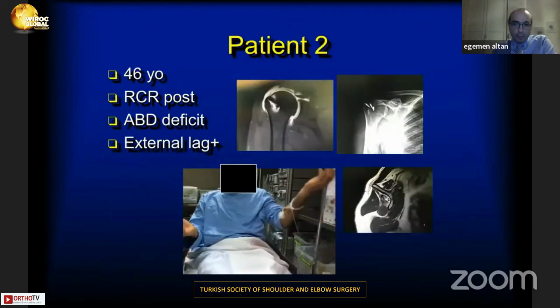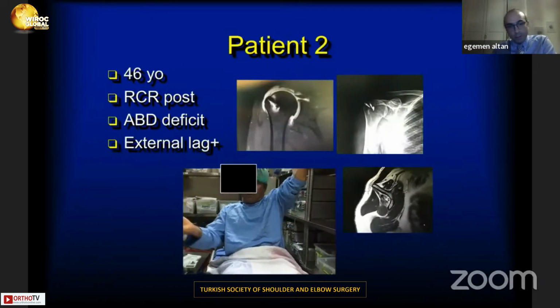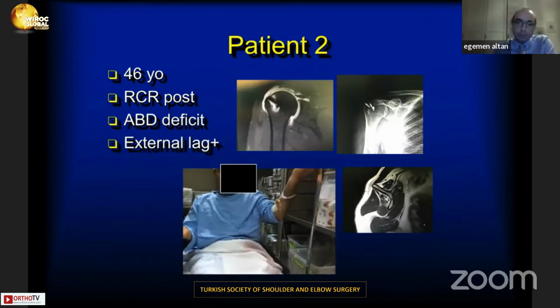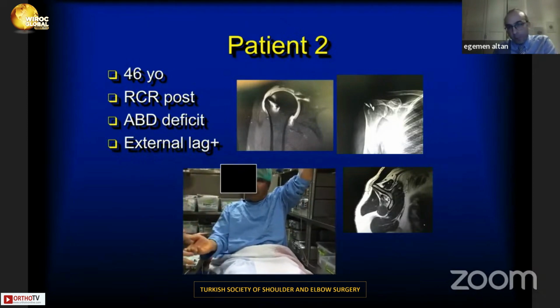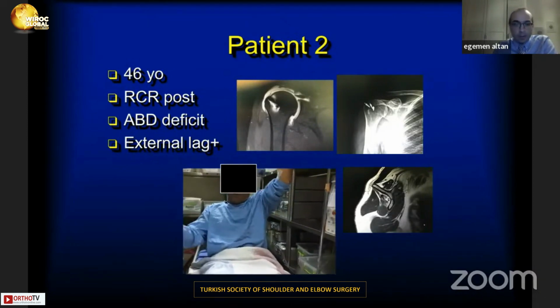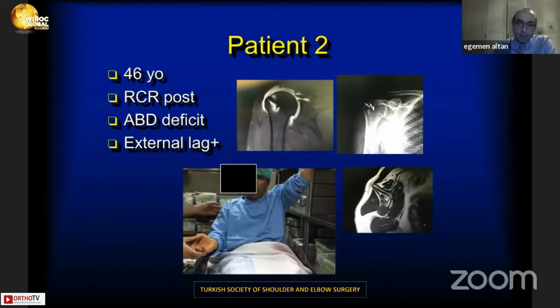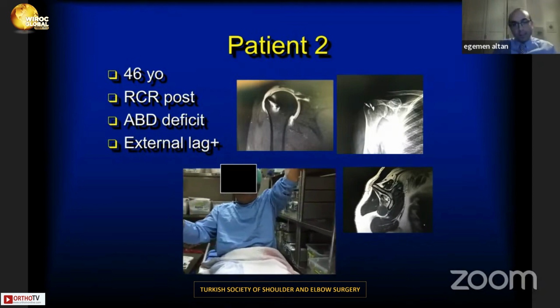I would like to give you another patient example. He was a 46 year old patient with a rotator cuff tear. In an outside center, they performed the rotator cuff repair. Here you see the anchors, and he came to us with an abduction deficit and a significant external lag sign.